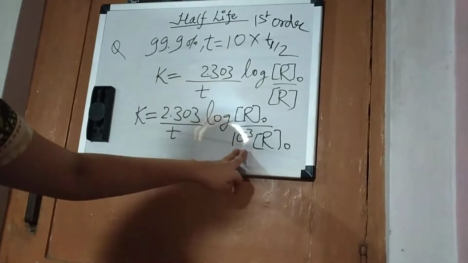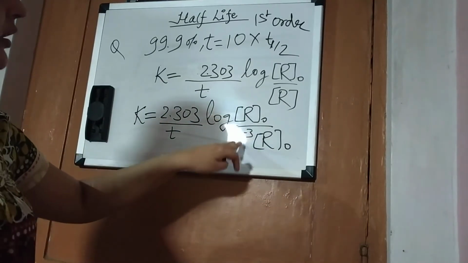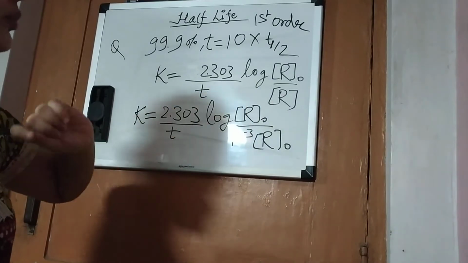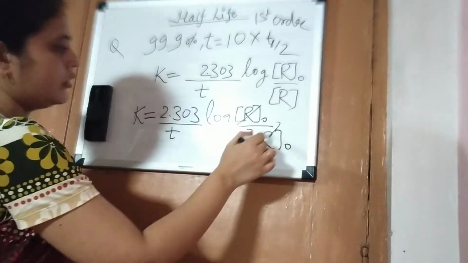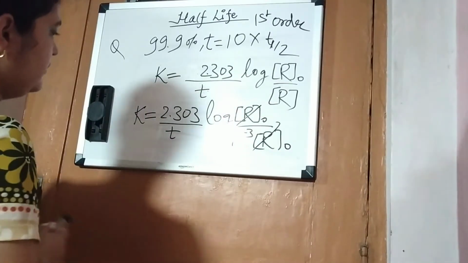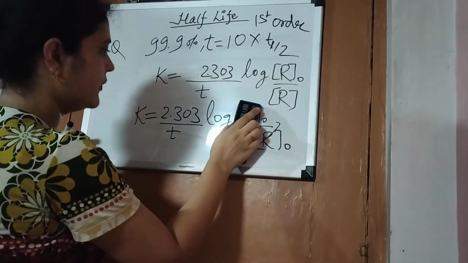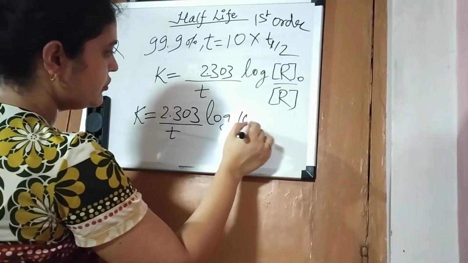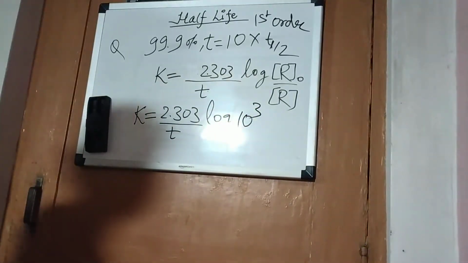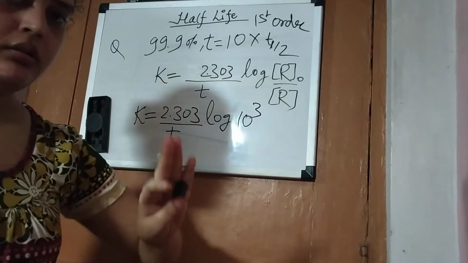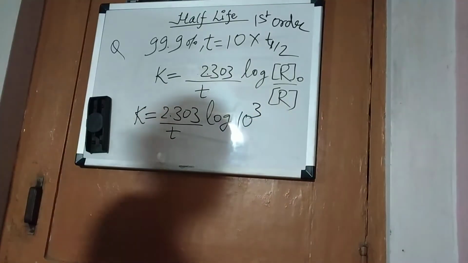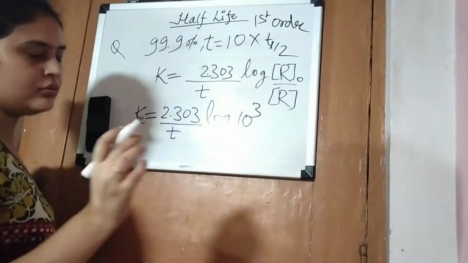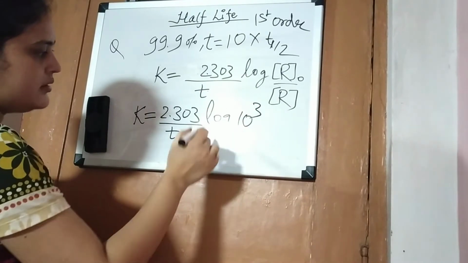Now 10 raised to minus 3 in the denominator will become 10 raised to plus 3 in the numerator, and R naught will cancel out. So here it will become 10 raised to 3, right? Now log 10 raised to 3 is what? It is only 3, because according to the maths rule, log 10 raised to 3 is 3.